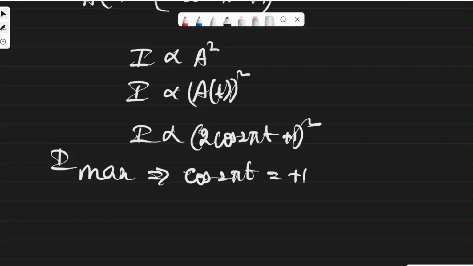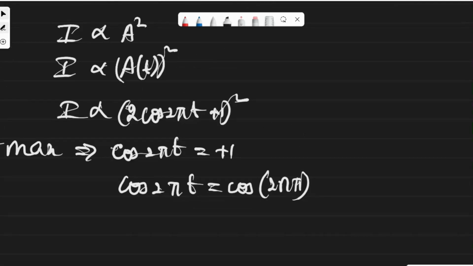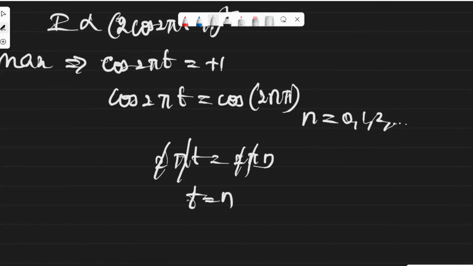Next, if we take this as a trigonometric equation, then cos 2πt will be equal to cos 2nπ, where n is equal to 0, 1, 2, and so on. So 2πt will be equal to 2πn, 2π cancels, t equals n.